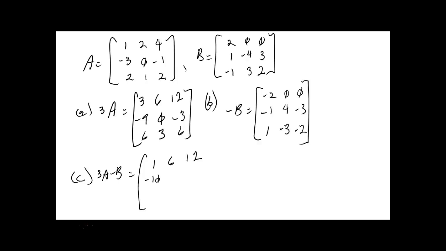What does the next one be? 4. 0. Yeah. It'd be 3 times -1, it would be -3 minus 3, which is -6. 7, 0, 4.